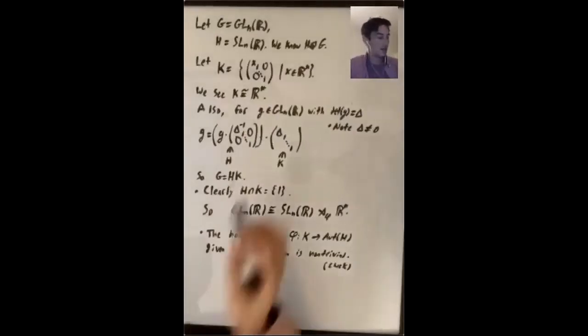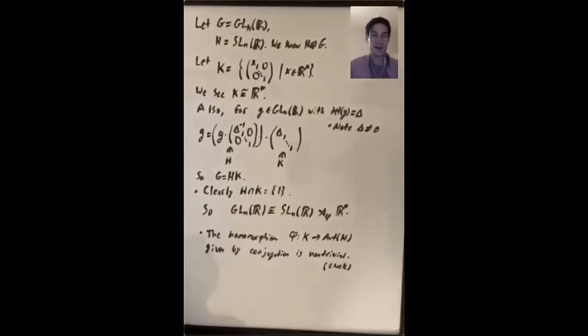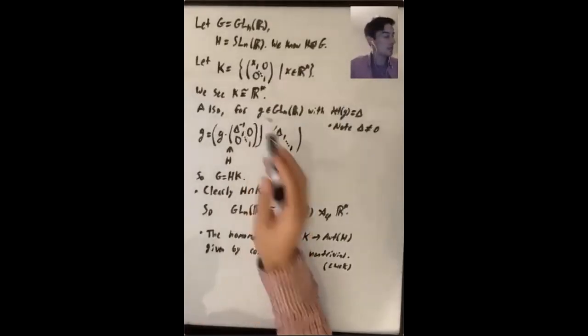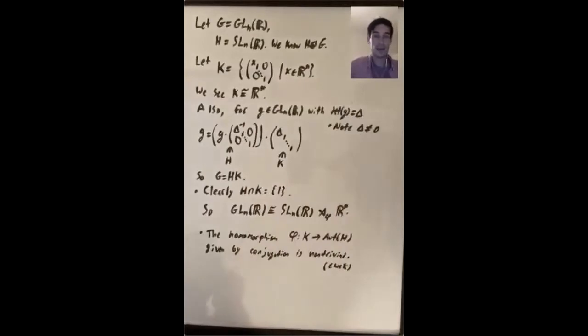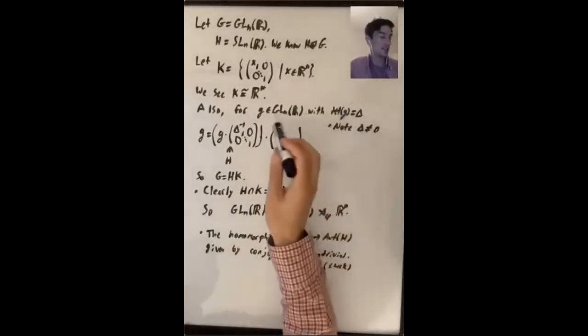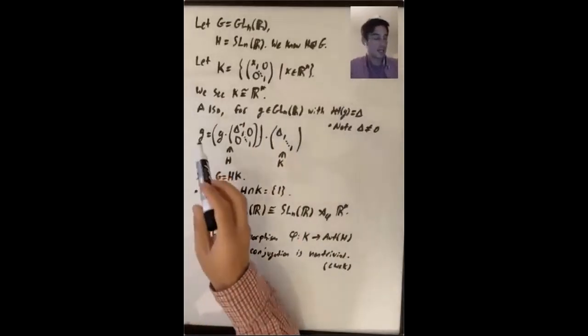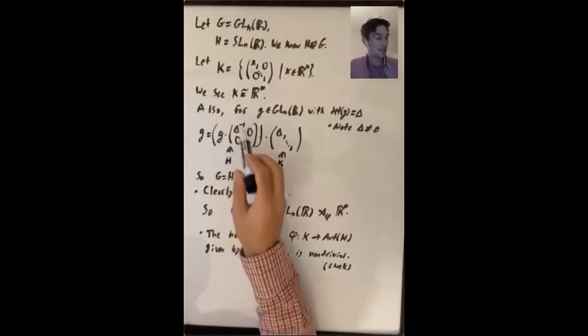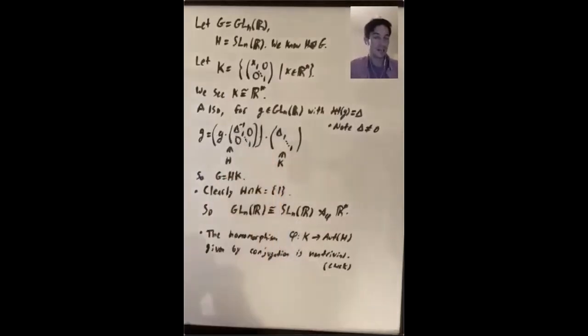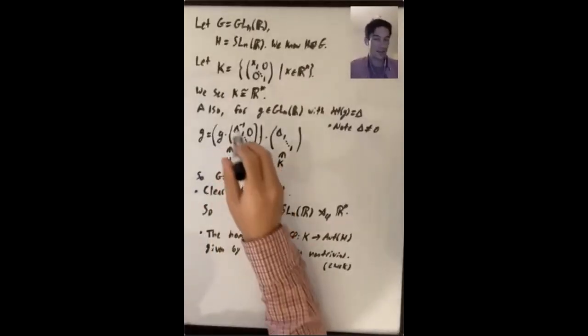So if we take a matrix g in GLnR, we can decompose it as a product of something in H times something in K, just like we did in this GL2 example. So let's say the matrix g has determinant delta. Note that because g is in GLnR, delta is not 0. You can write g as g times the diagonal matrix with a delta inverse in the upper left corner and ones everywhere else.